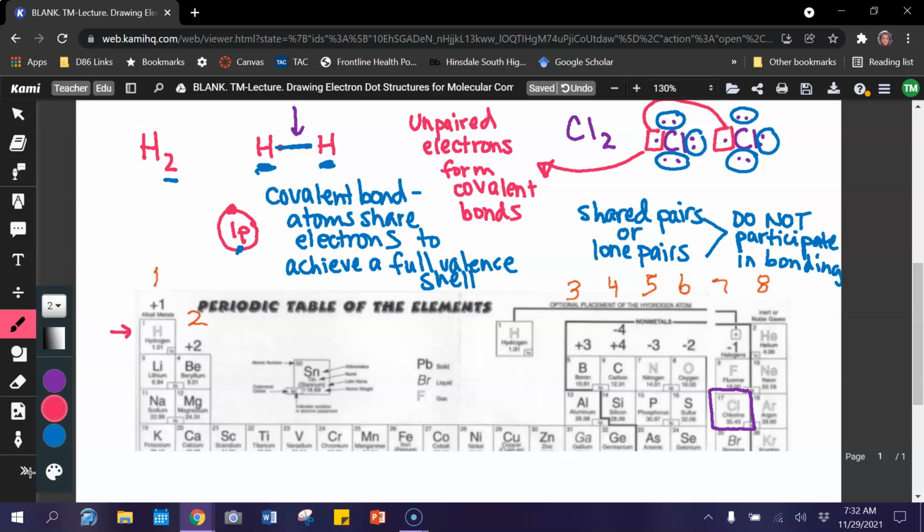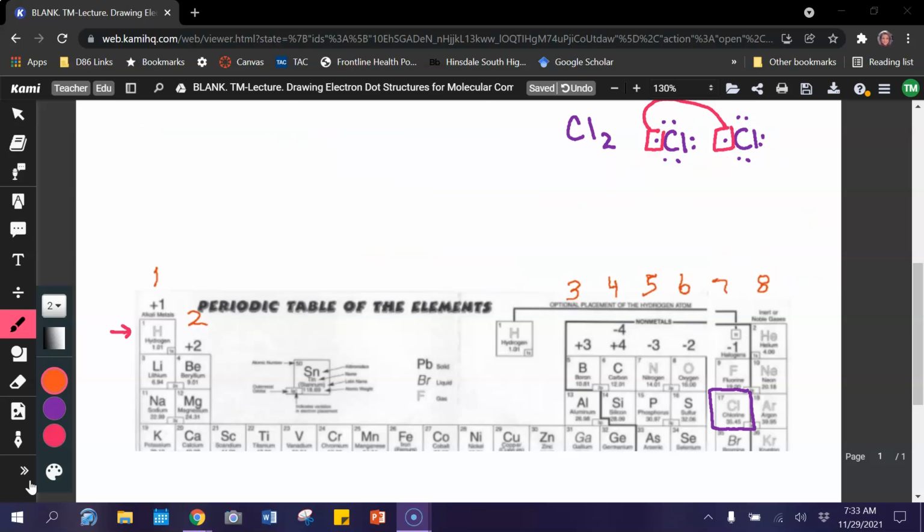I'm going to erase all of this stuff so that we have a clean slate here. Okay, so I just erased everything. I still have my unpaired electrons in the boxes because those are the ones that we're going to replace with a dash in order to show that they are being shared with each other.